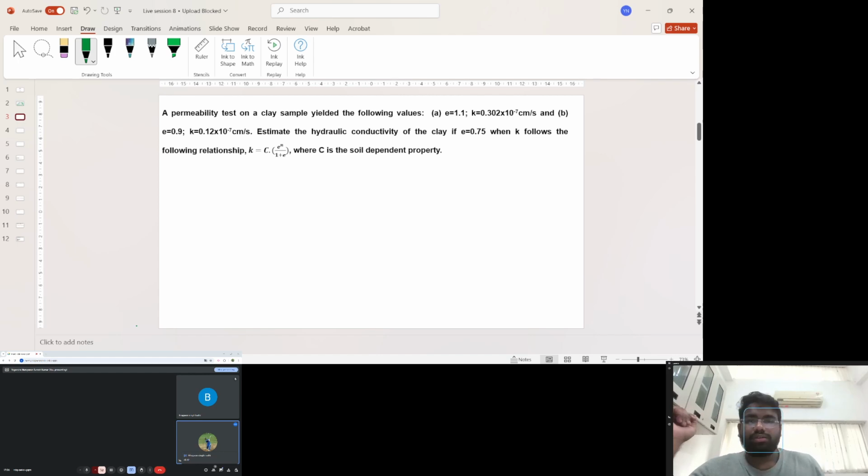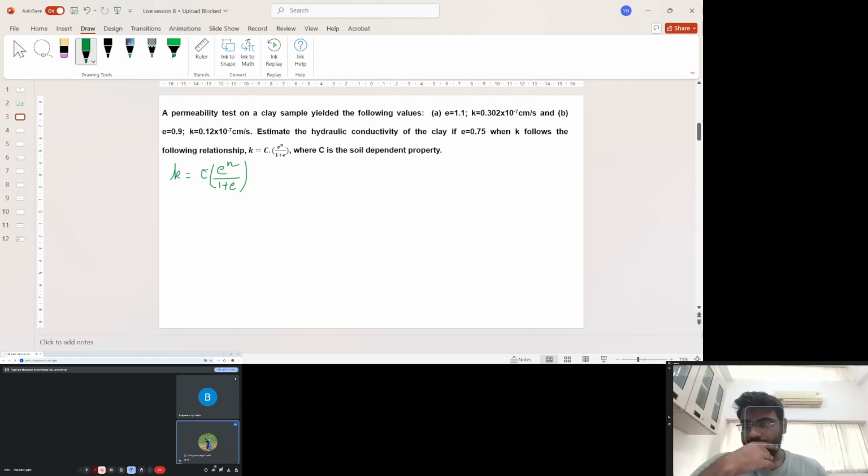So now the relationship between the hydraulic conductivity and void ratio is given. So what is the relation? That is K is some constant C into e power some exponent n by 1 plus e.